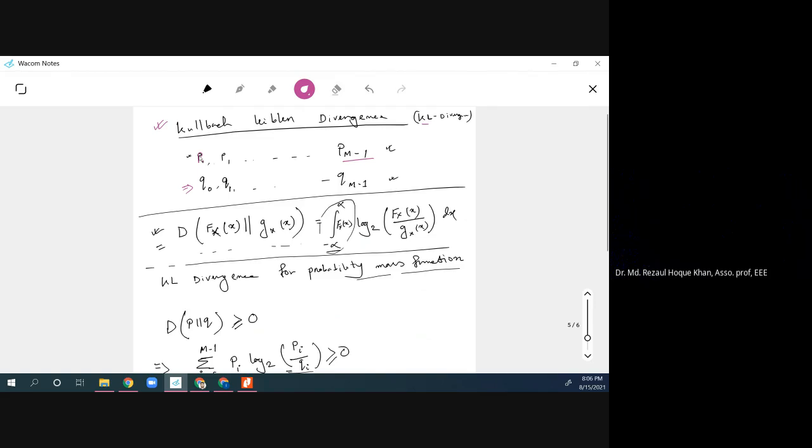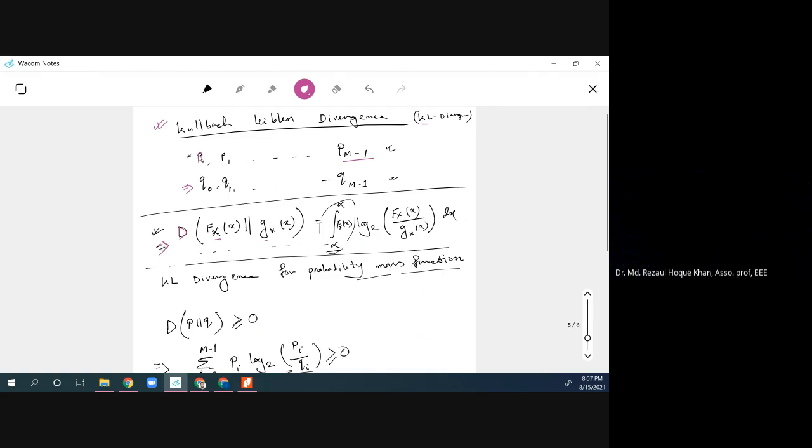That's one. Okay, so this is a generic formula. Kullback-Leibler divergence is defined by D. Here you have two distributions, f(x) and g(x), for example. So this is how it will be expressed: the integral from minus infinity to infinity of f(x) log2 of f(x) by g(x) dx.